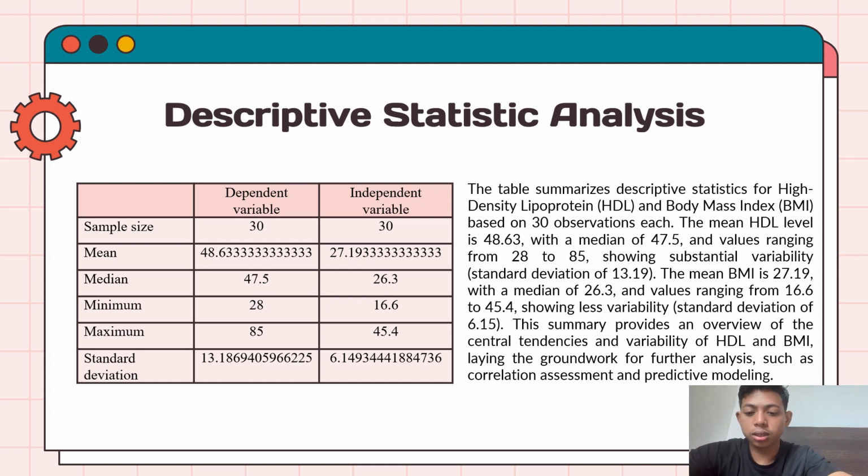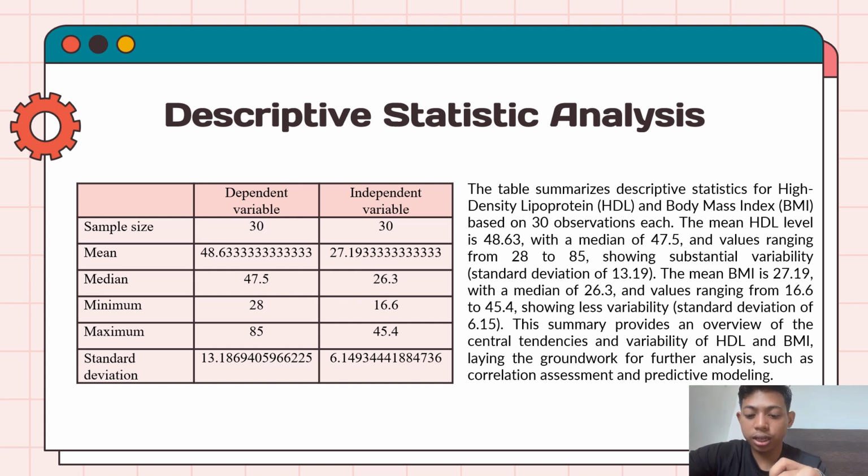Okay, for the descriptive statistics, we can see the sample size. We choose 30 for the X axis and the Y axis. Then the mean of the X axis, which is BMI, is 48.3333.